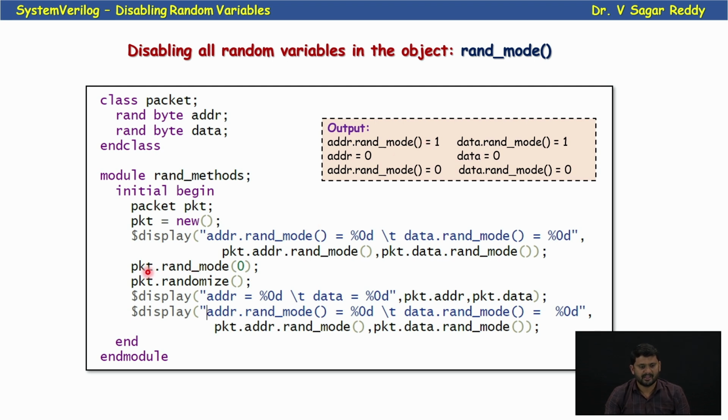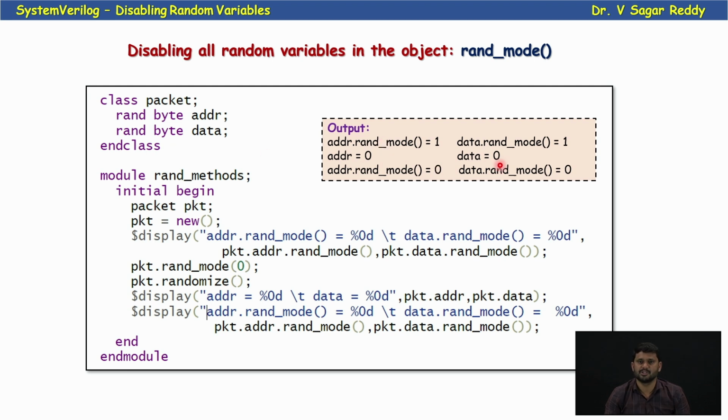Then I make it pkt.rand_mode(0). Then I'm randomizing and displaying those values. Now, whenever I do pkt.randomize, all the random variables in this object are inactive, so the solver treats all these random variables as normal state variables. Both are byte type, so the default value is 0.